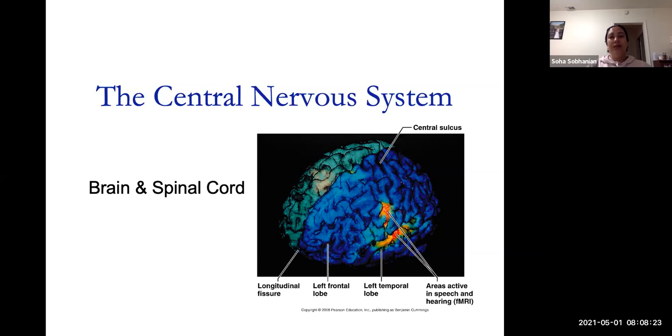And the spinal cord, as we will see later on, is more like a highway between the brain and the rest of the body. It is extremely important because if that highway is cut, you lose communication with your brain. It's also responsible for the reflexes in our body.